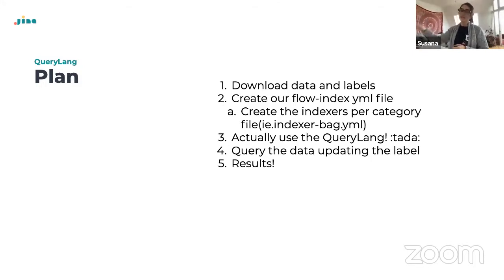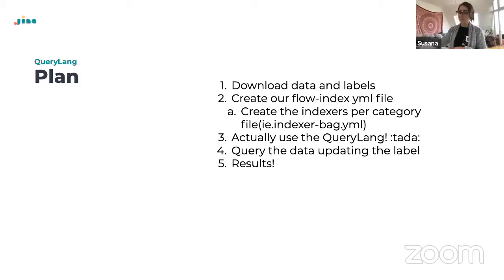I have this slide here that shows a little bit of the plan of what we're going to do. It says we're going to download the data and the labels. In the first Hello World example, we were only downloading the data and not the labels because we didn't need them for that example.